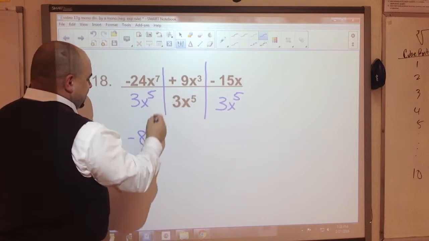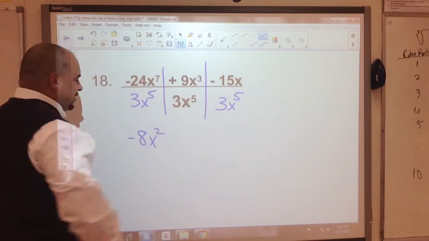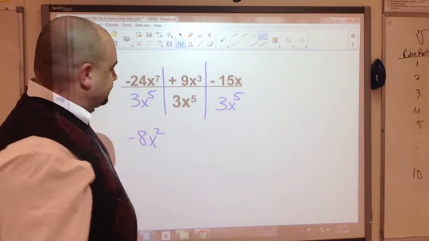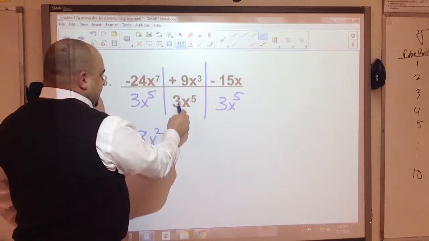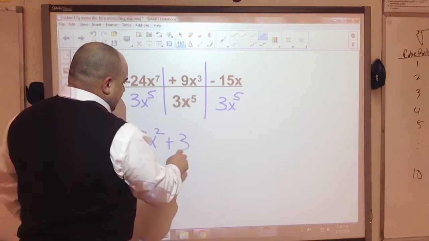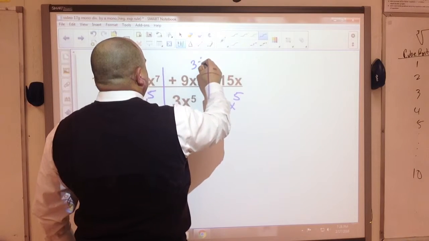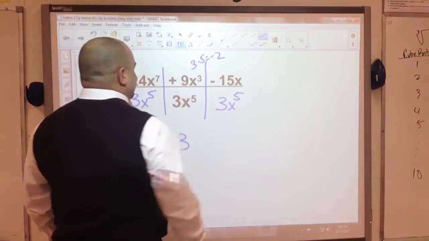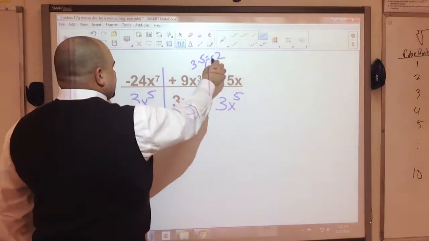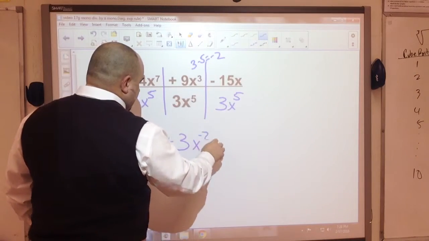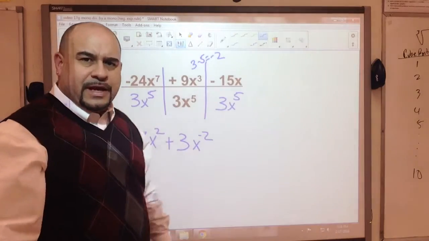7 minus 5 is 2, and it's positive, so it stays right there. Plus 9 divided by 3 is 3. This time I have 3 minus 5, and if you remember, 3 minus 5 is negative 2. But this is a negative 2. Can I have a negative 2 in my answer?